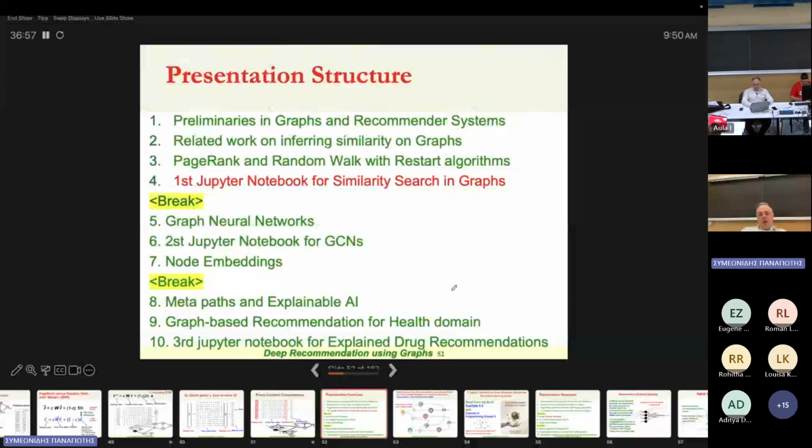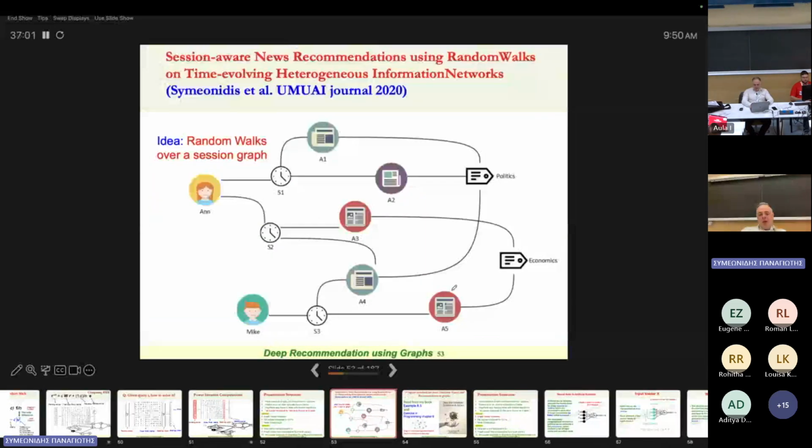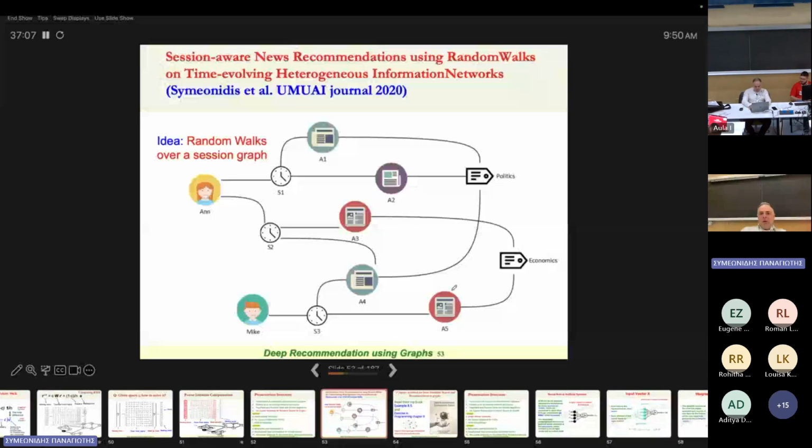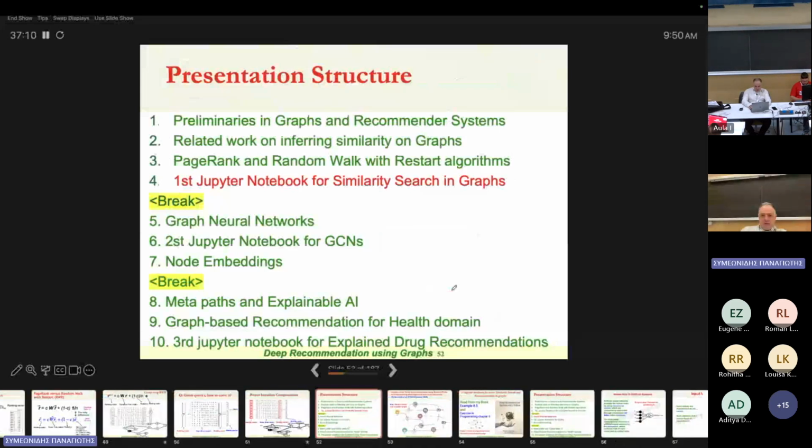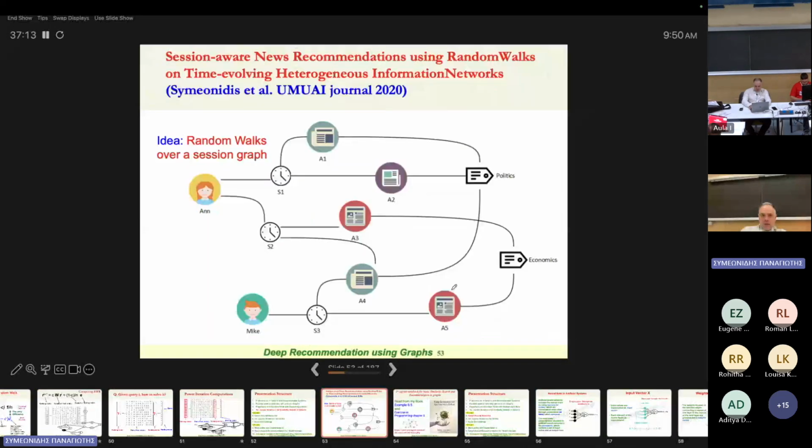Okay, so as a first Jupyter notebook here, there is an example that we should see about these random walks, and it comes from the book, and it has to do with a heterogeneous graph. We see here a graph that consists of 4 different types of nodes.